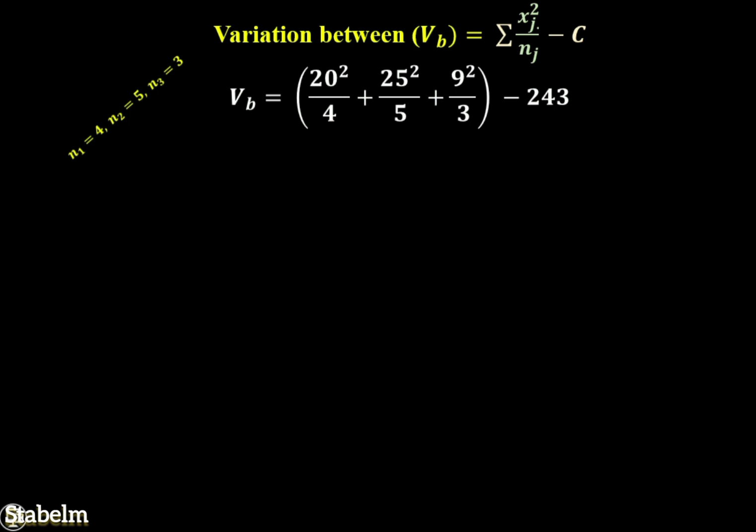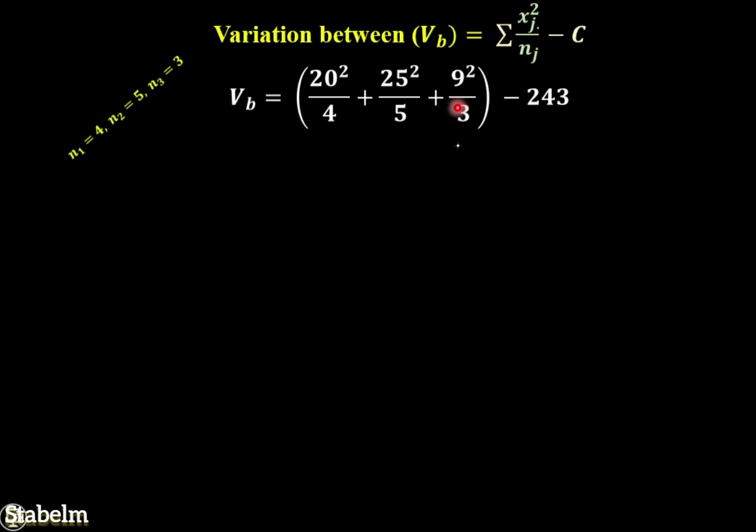You can see 20 raised to the power 2, that is the total for group 1, the square of the total for group 1 divided by the number that make up the total. 25 square over 5, the square of the total for group 2 divided by the number of observations that make up group 2.